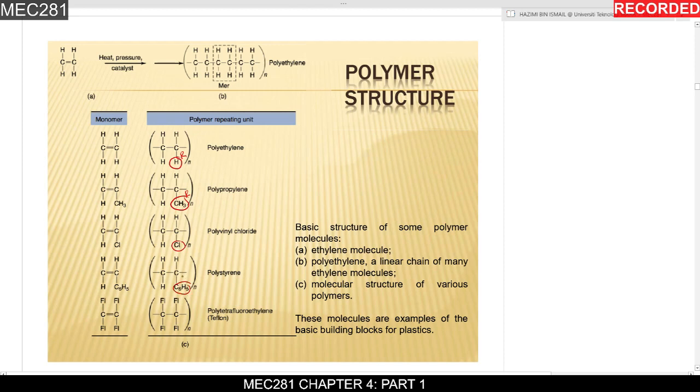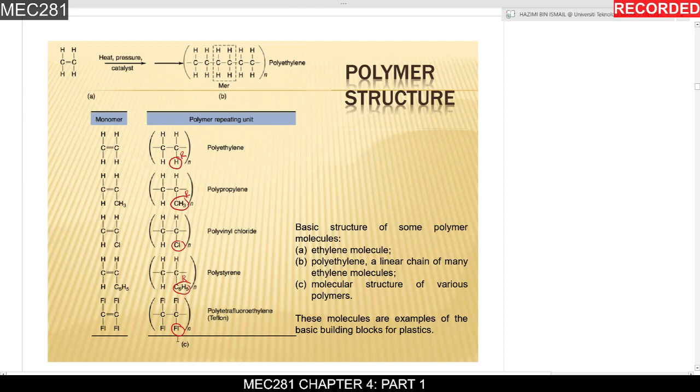Polystyrene, so this is the compound that substitutes into the R here. And then this is Teflon, polytetrafluoroethylene. So how you produce a different polymer is based on what elements are found in the R here.